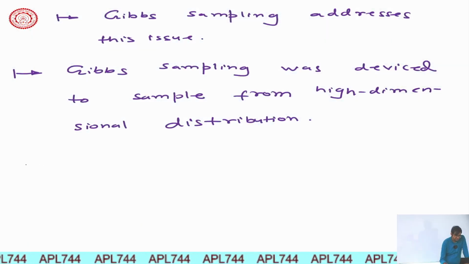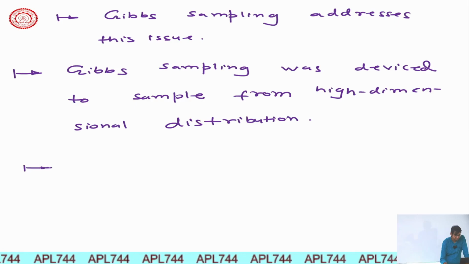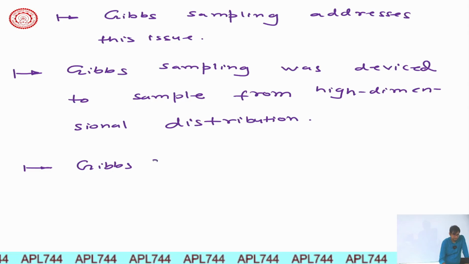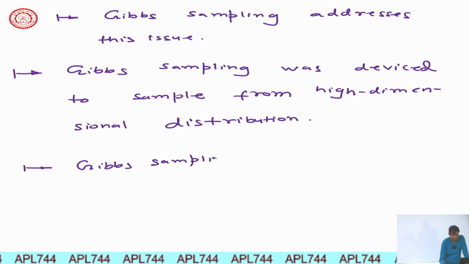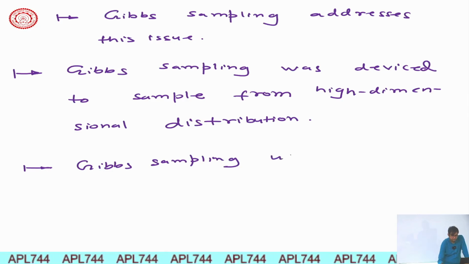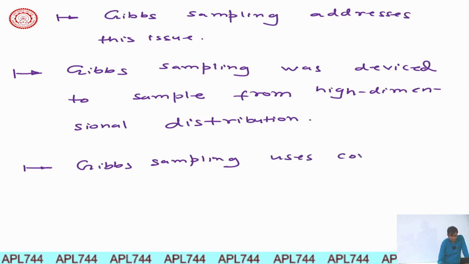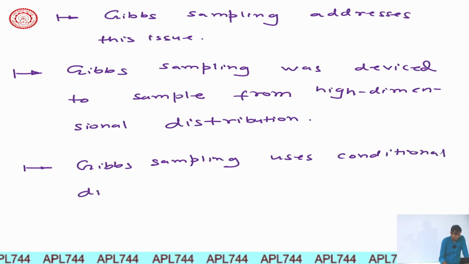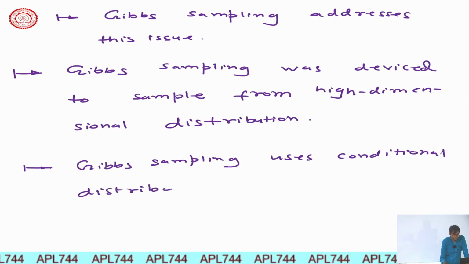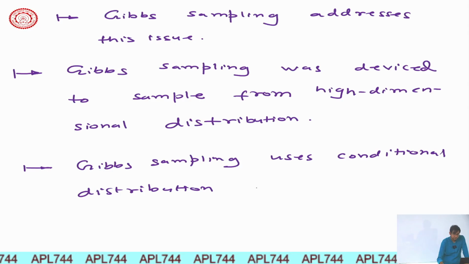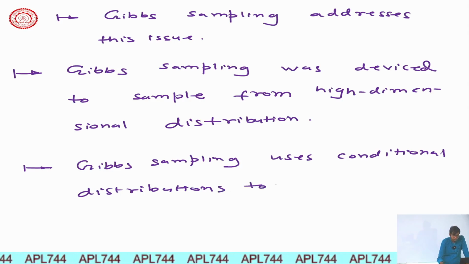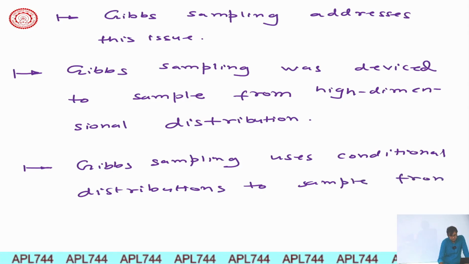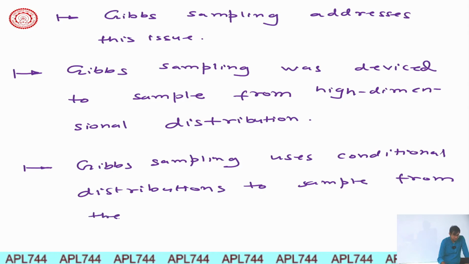So Gibbs sampling uses conditional distributions to sample from the target.